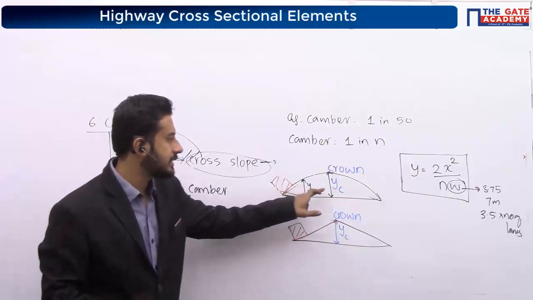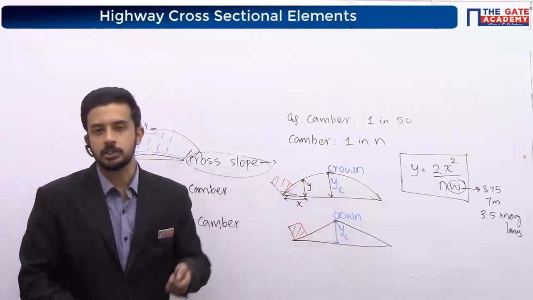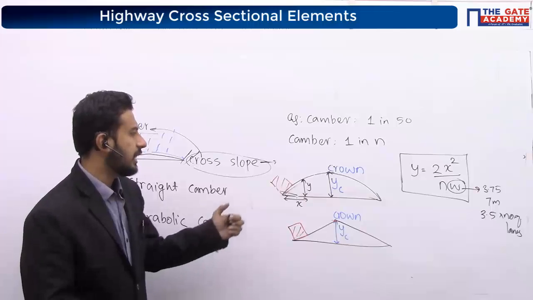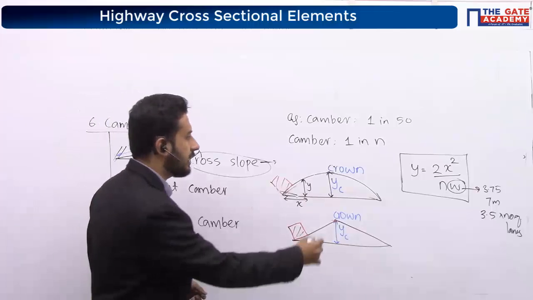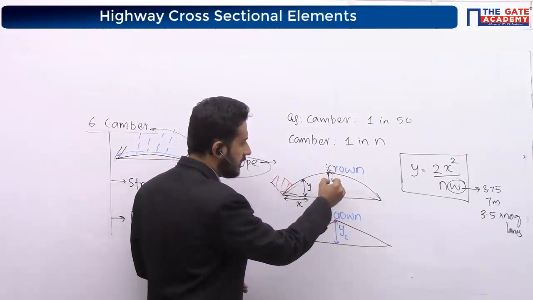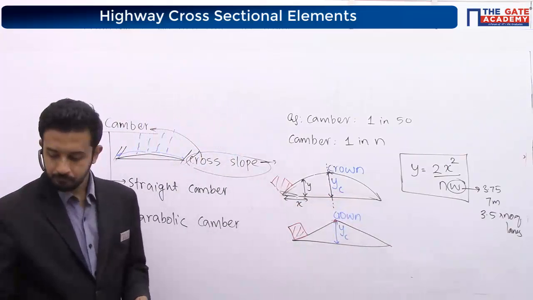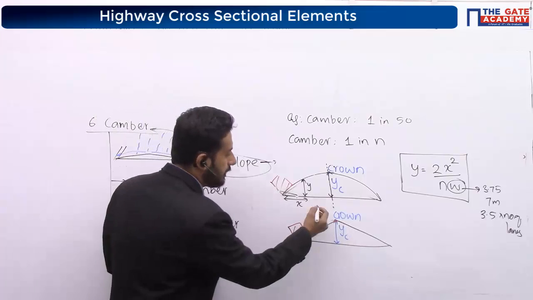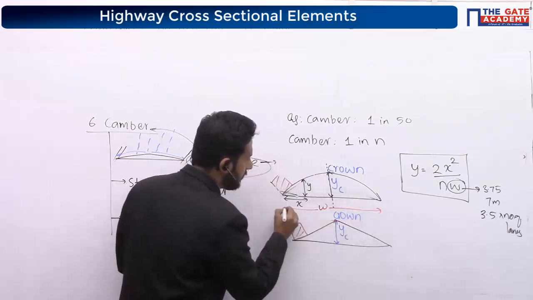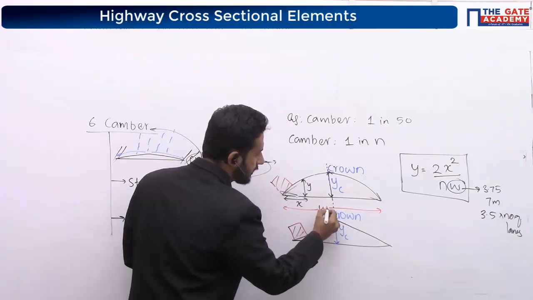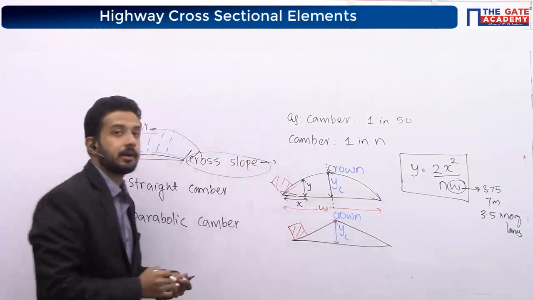Now, I need the height of the crown position. Then at the crown location, what is the x value? The total width is W. Then at the height of the crown position, what will be your x value?